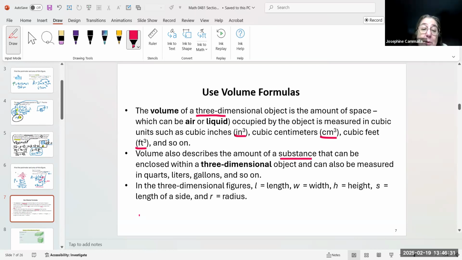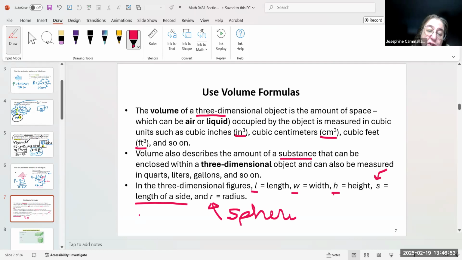And here's the way we do it. Length, width, height. Now, sometimes we use the S, and this is the length of a side. Now, the R comes in when we talk about a sphere. And I just want you to know what that R is. Okay.